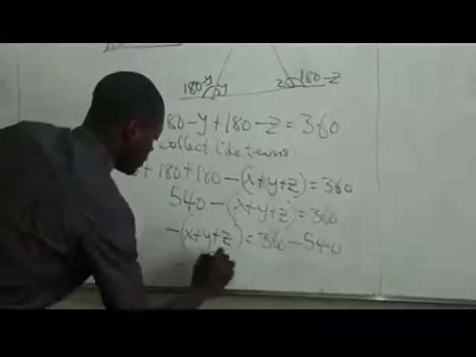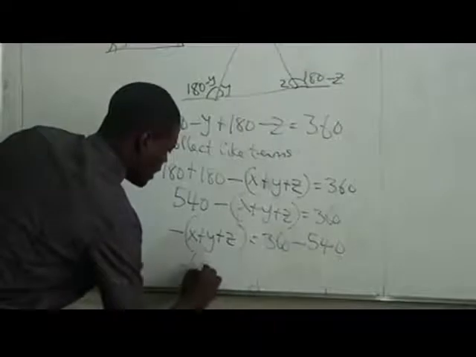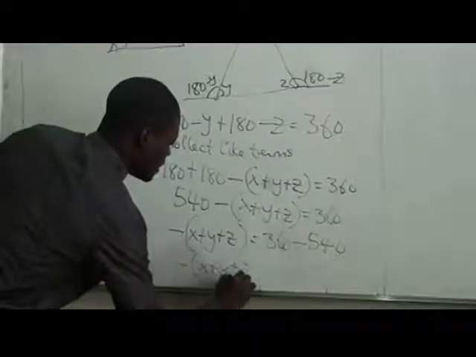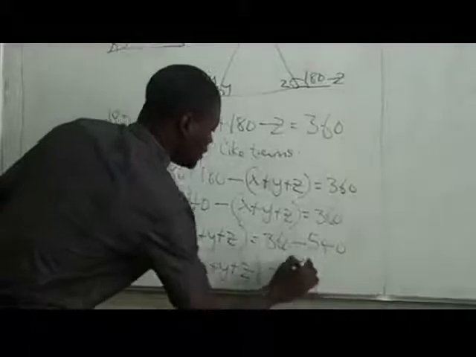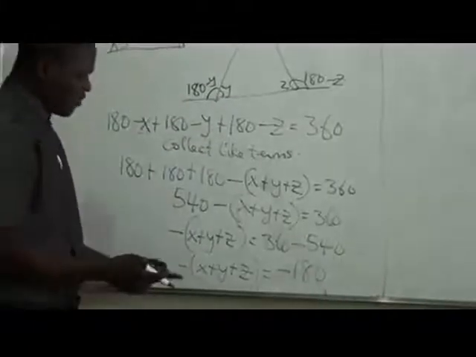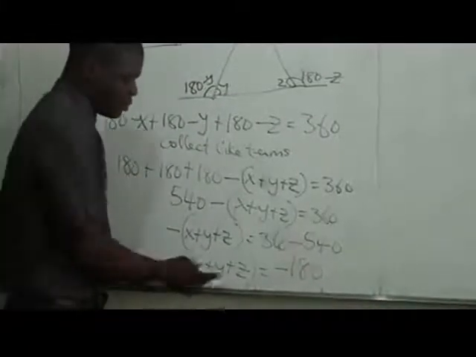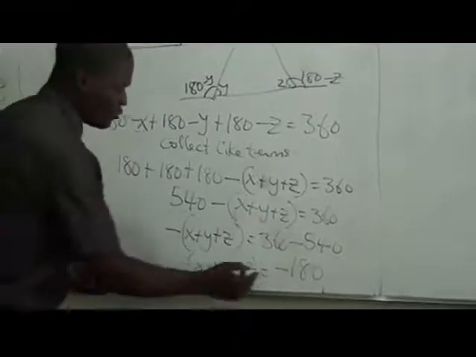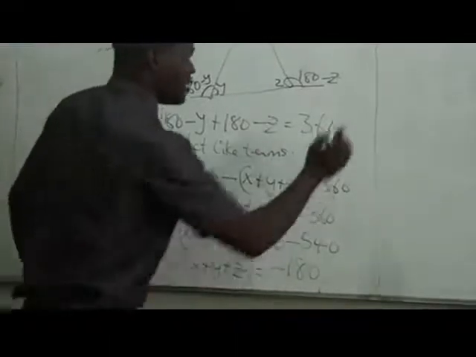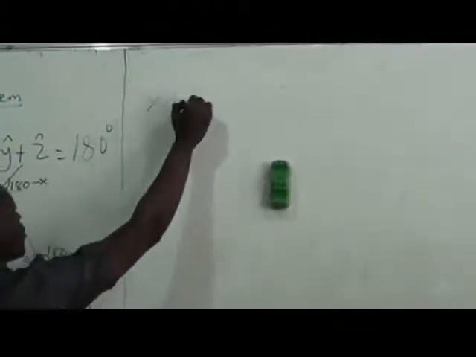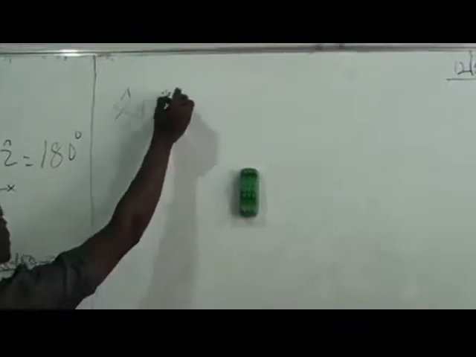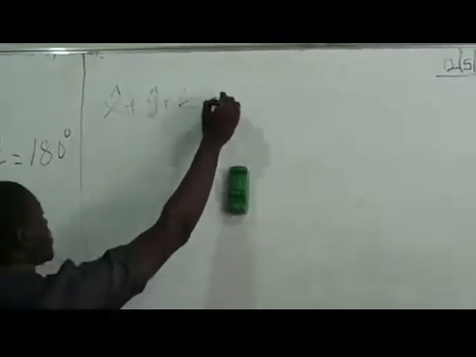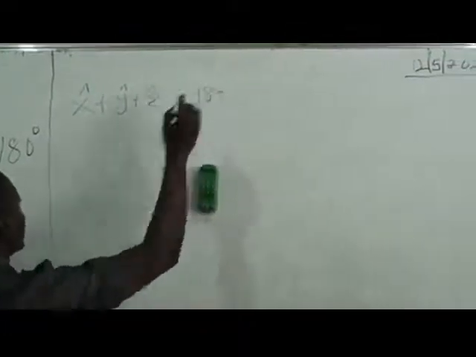And this will give us minus x plus y plus z equal to minus 180. Now you can notice that we have negative sign on both sides, so they can cancel each other. And that is the proof that x plus y plus z, remember, it's angle, so angle x plus angle y plus angle z is equal to 180 degrees.